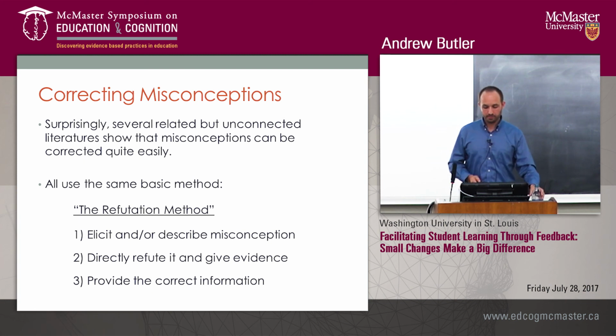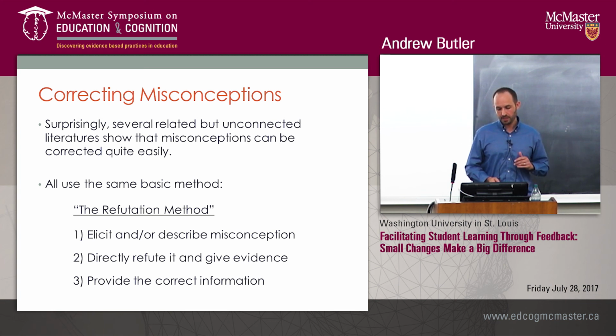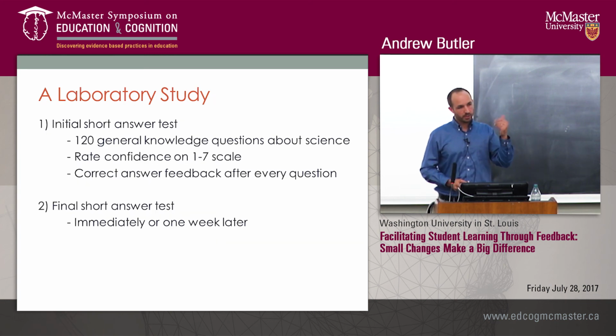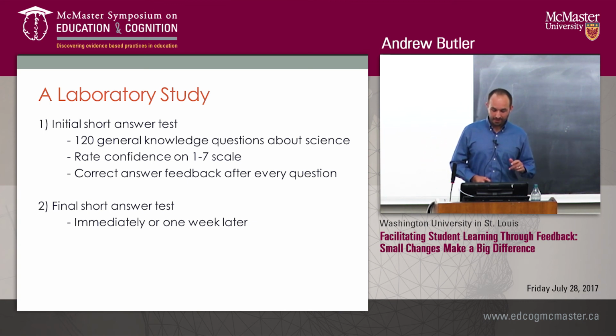Here's an example of a laboratory study that does this with more individual belief level misconceptions. What we did was we had people come in, and we had them take a short answer test, right? So they get a bunch of general knowledge questions about science. These are things like, what's stored in a camel's hump? Water? No, it's fat.